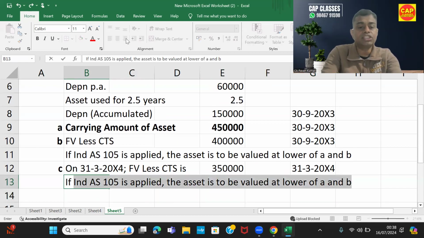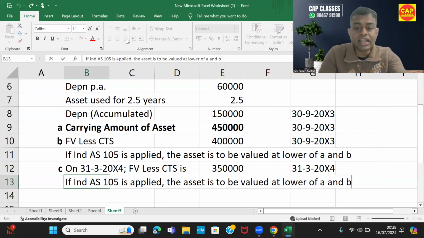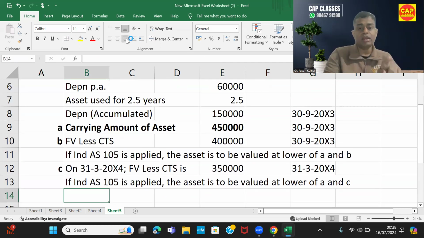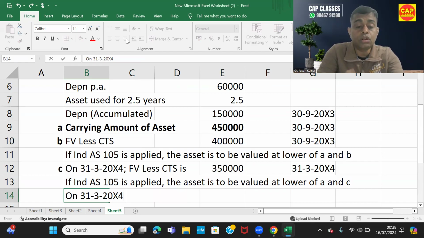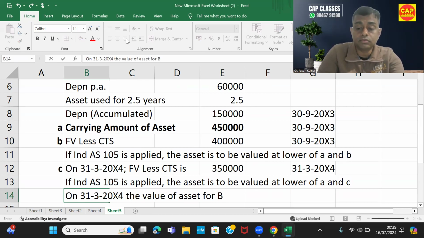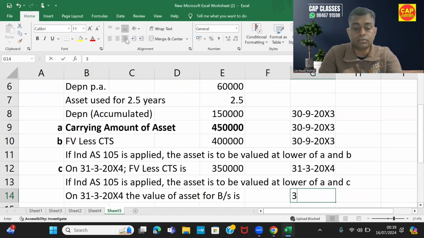If Ind AS 105 is applied, the asset is to be valued at lower of A and C. What is A? Carrying amount. What is C? Fair value less cost to sell on the date of balance sheet. So on 31/3/20X4, the value of asset for balance sheet purpose is 3,50,000.